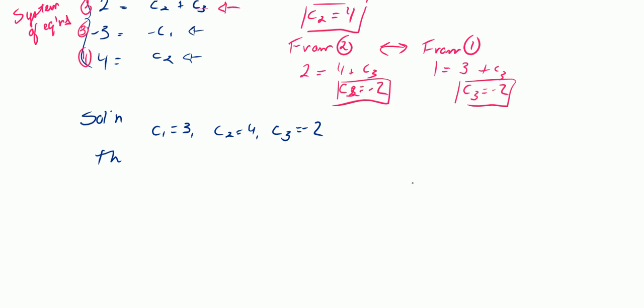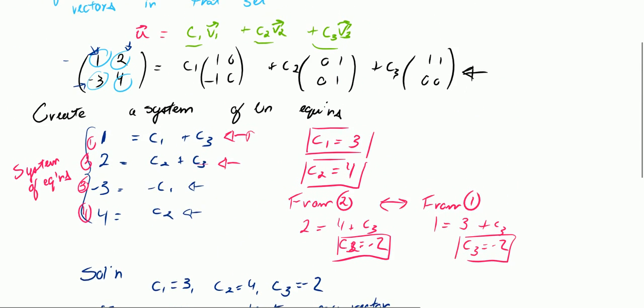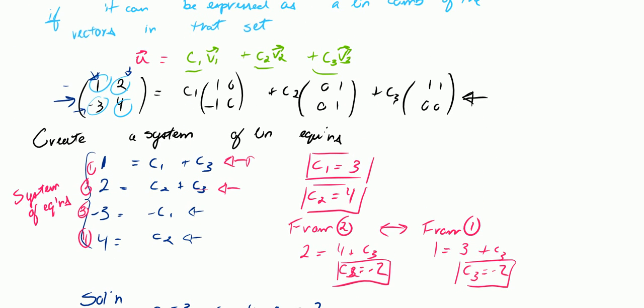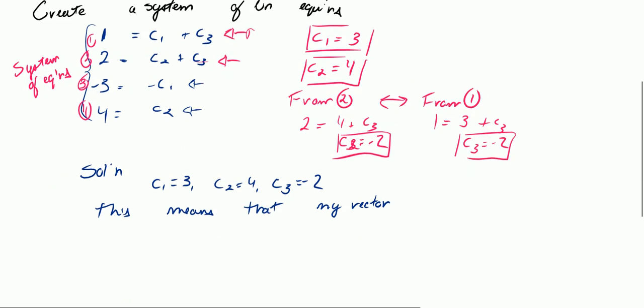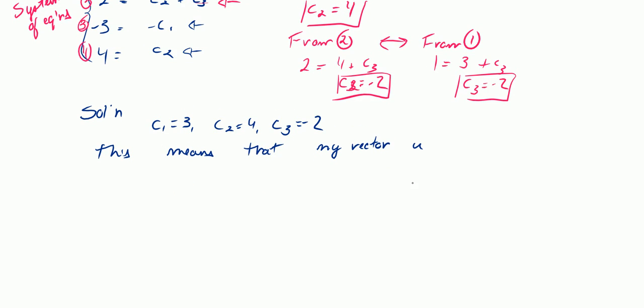So this means that my vector, which was initially this matrix, my vector u, 1, 2, minus 3, 4, can be expressed as a linear combination of my vectors.